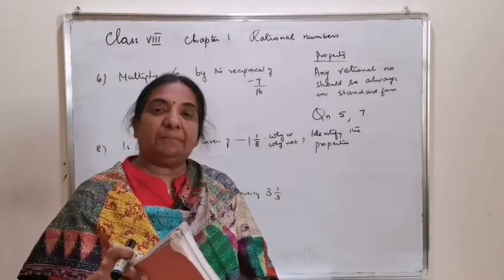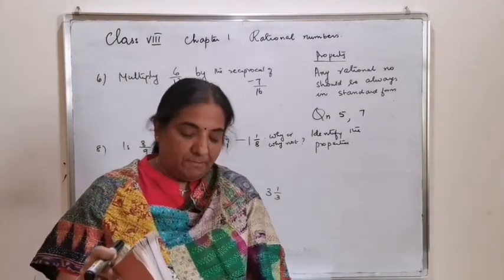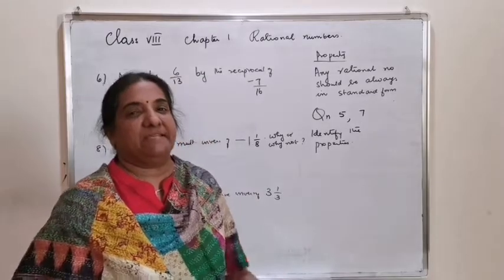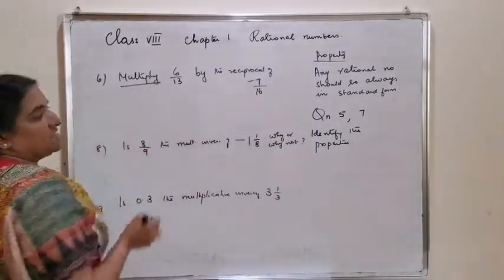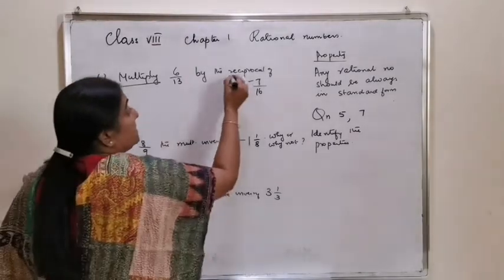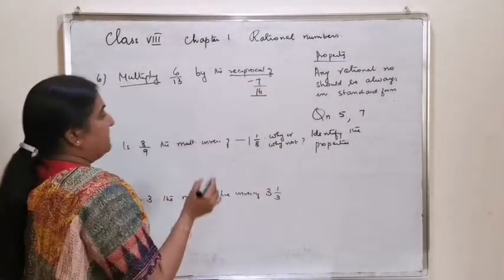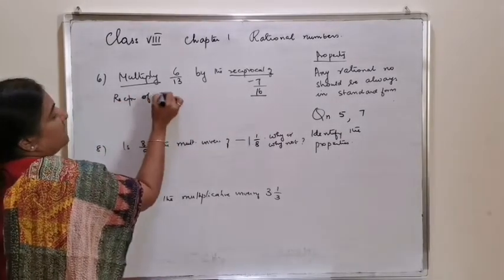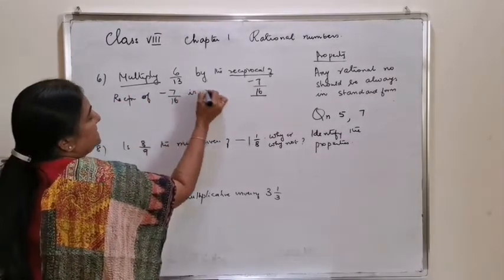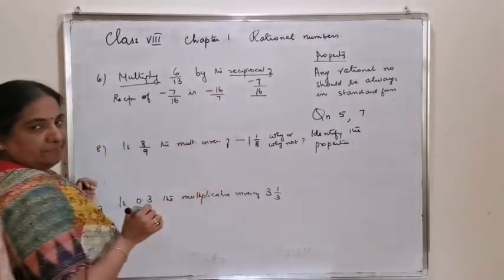Number 6, multiply 6 by 13 by the reciprocal of minus 7 by 16. You know, the word multiplication is for product. Reciprocal of minus 7 by 16 is minus 16 by 7.